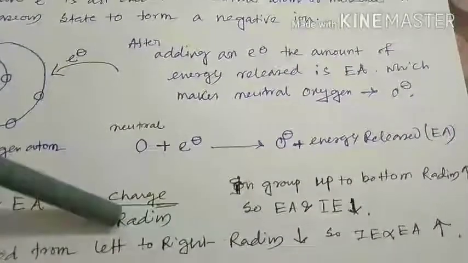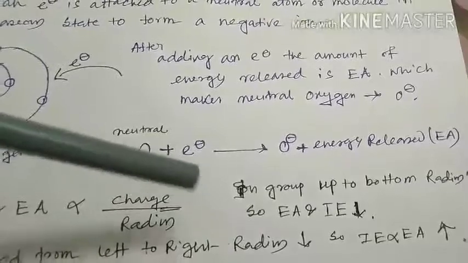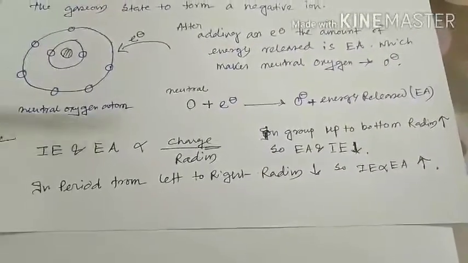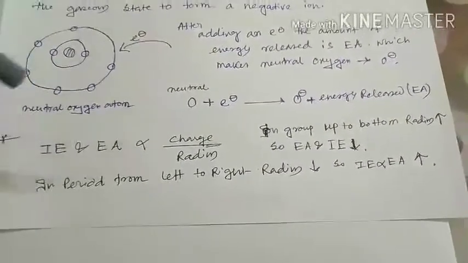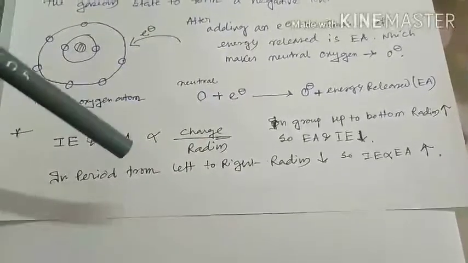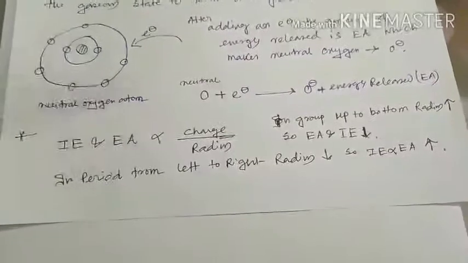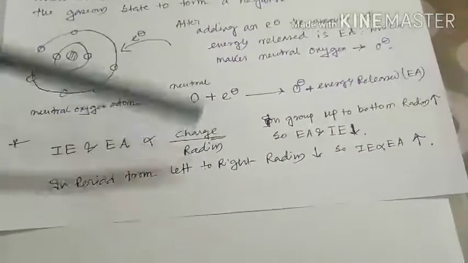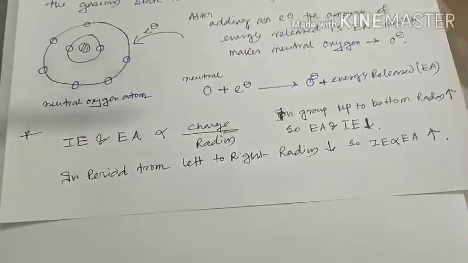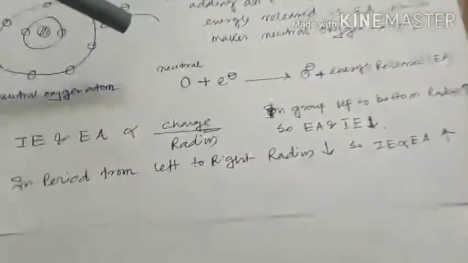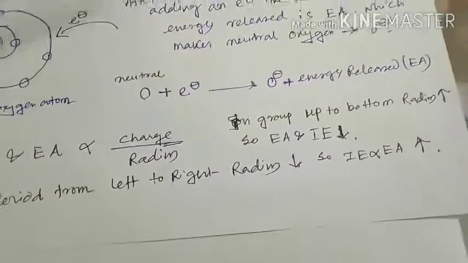So as the size increases, the electron affinity or the ionization energy will decrease. Whereas in a period, if we go from left to right, the radius decreases, so the electron affinity or ionization energy will increase.